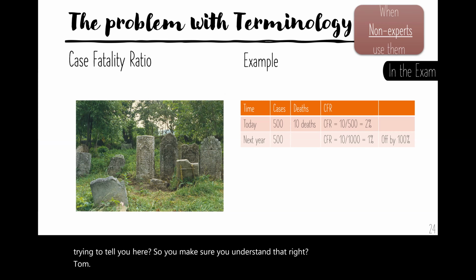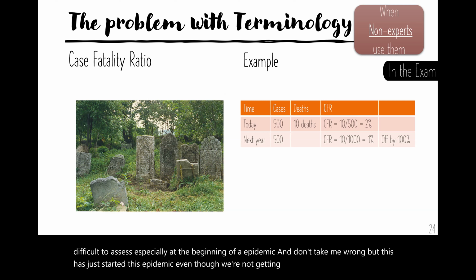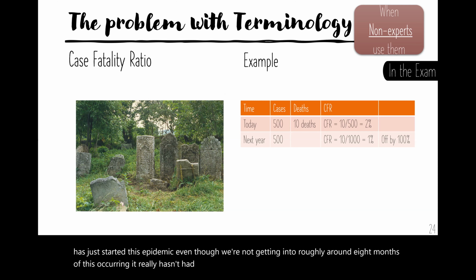First of all, I want you to understand that these numbers are highly inaccurate and very difficult to assess, especially at the beginning of an epidemic. Don't take me wrong, but this has just started. Even though we're now roughly 8 months into this, it really hasn't had its chance to truly spread out as much as you think.